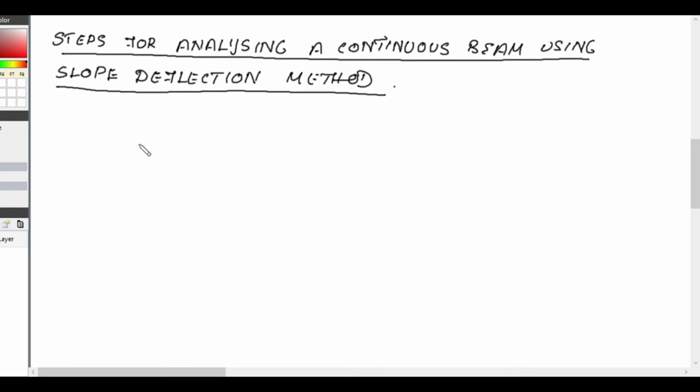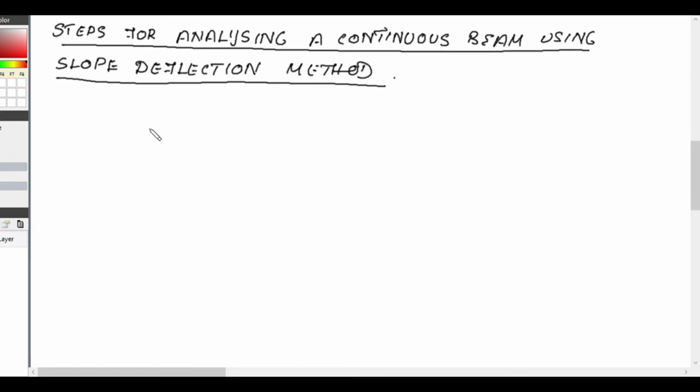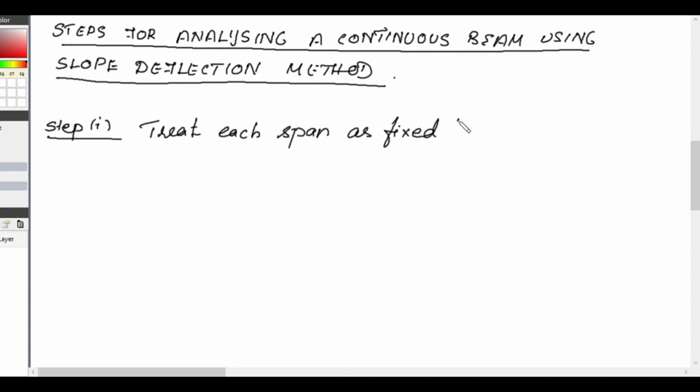Okay, now our step 1 is we have to treat each span as a fixed beam and calculate the fixed end moments. So step 1, treat each span as a fixed beam and calculate the fixed end moments.